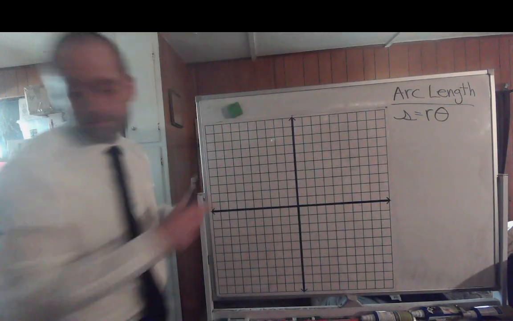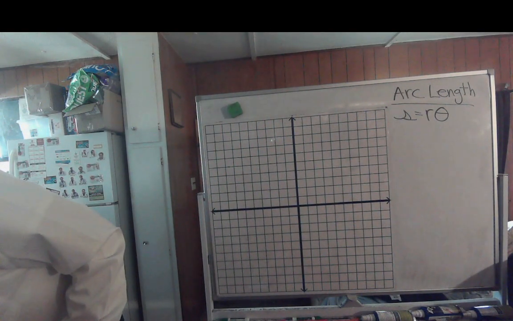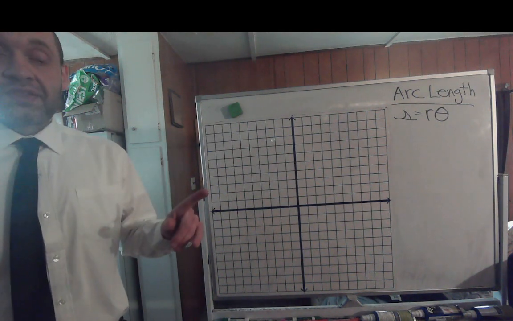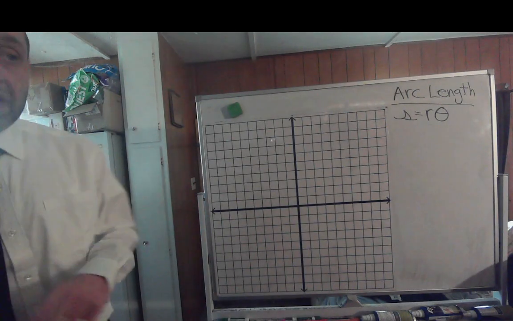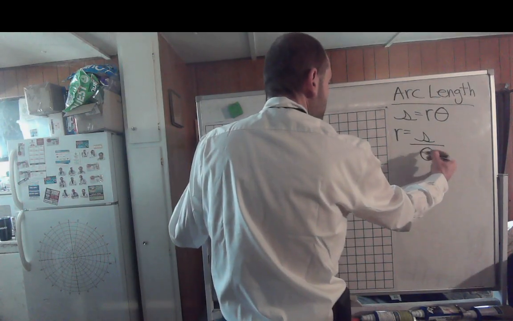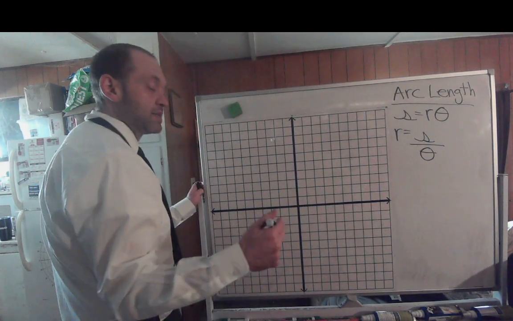Now, we can also work backwards a little bit with this formula. This time, they give you the arc length and the angle. They want you to find the radius. So that means you can find the radius by taking your arc length and dividing it by your central angle in radians.